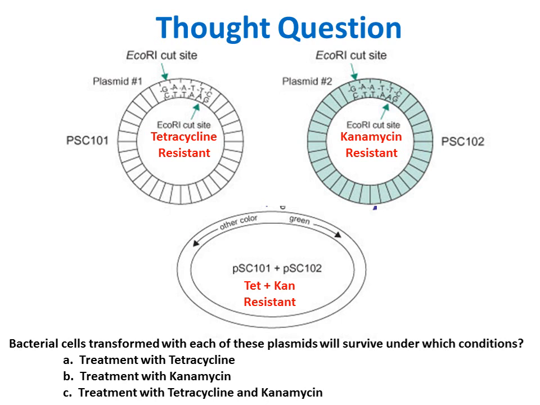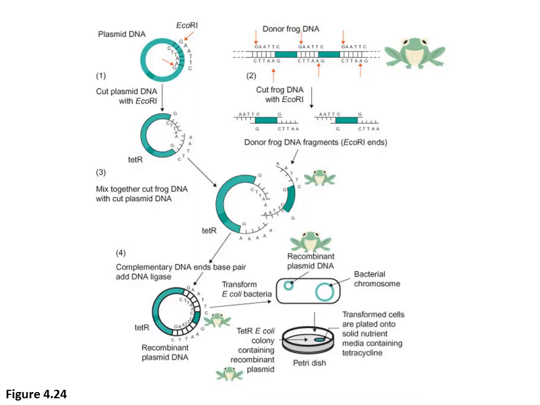If you're looking at this newly constructed plasmid, PSC101 and PSC102 combined together, you can treat the bacteria with tetracycline and they will survive, or with kanamycin they will survive, or a combination of the two and they will survive. So how did Boyer and Cohn take their plasmid and introduce foreign DNA? Well, that is shown here. They took PSC101 and cut it with EcoR1 as described before, and as you remember, this has the tetracycline resistance gene.